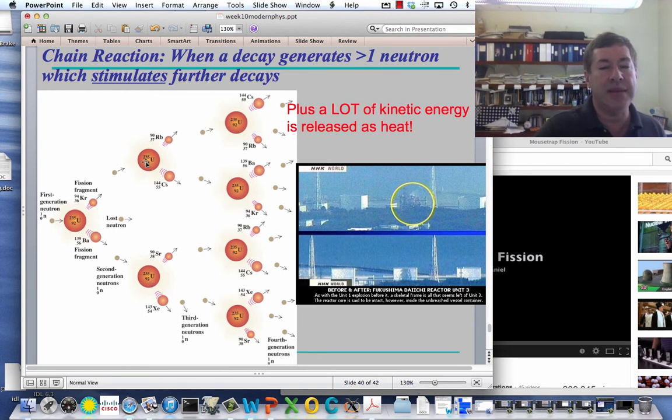These are instantly destabilized. You can't have uranium-236. They instantly decay by fission. I just showed a few others to illustrate here. One could break up into cesium and rubidium, or this one could break up into strontium and xenon. There's a number of different ways.